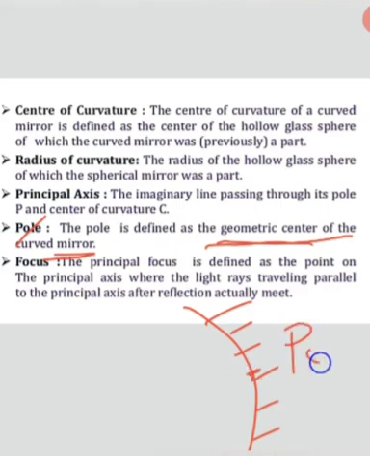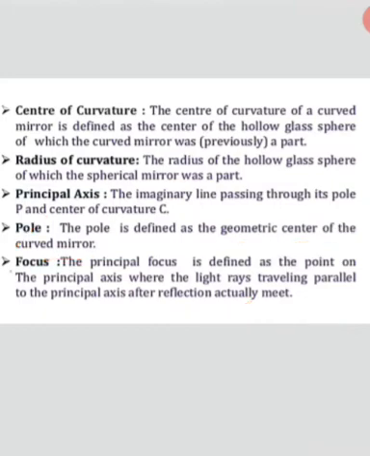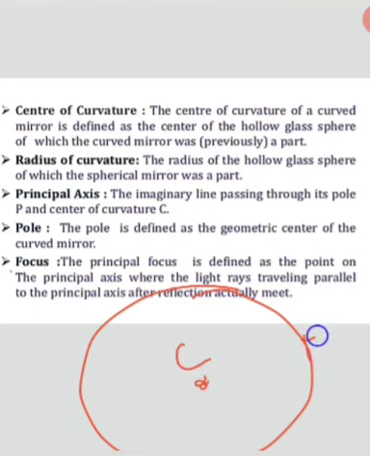So this will be said to be a geometric circle, and in optical language we will call it the pole. Focus also I have discussed: if it is a sphere, this is the center and this is the pole.